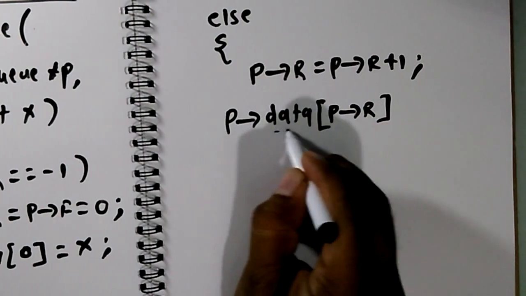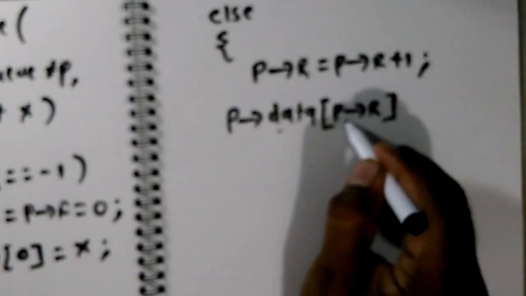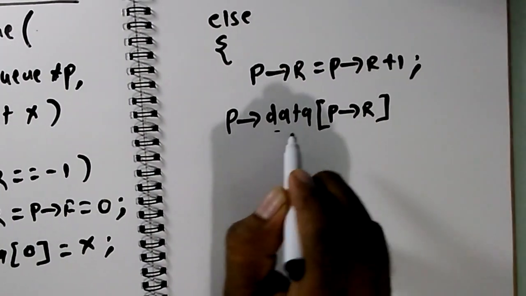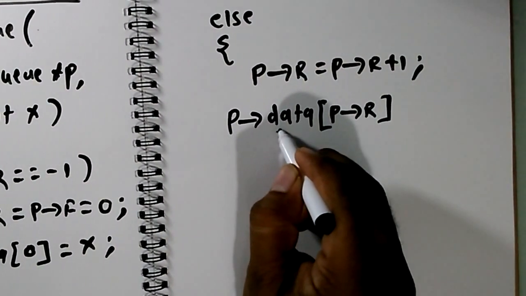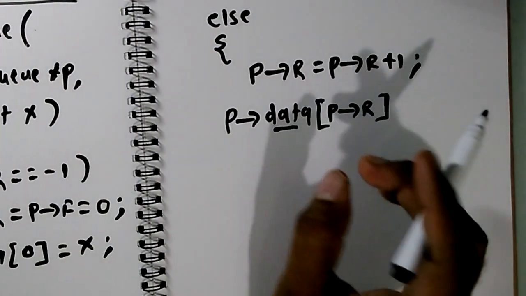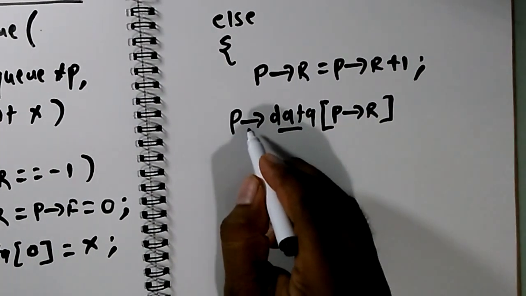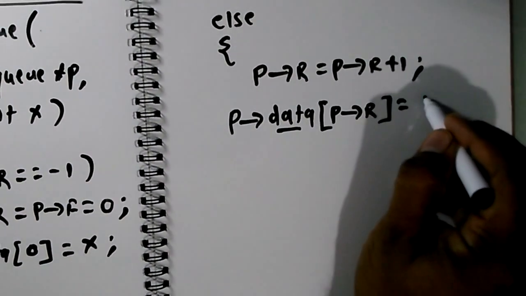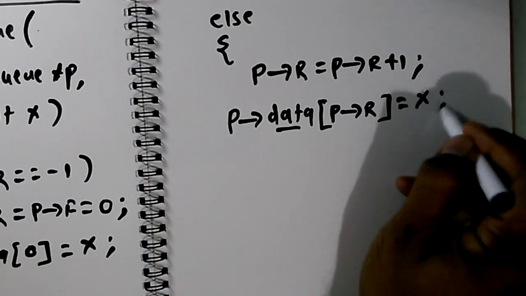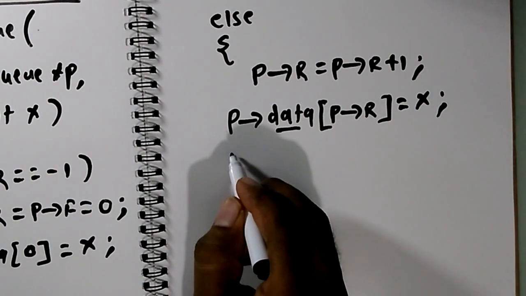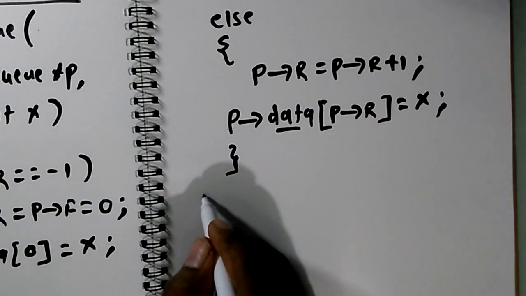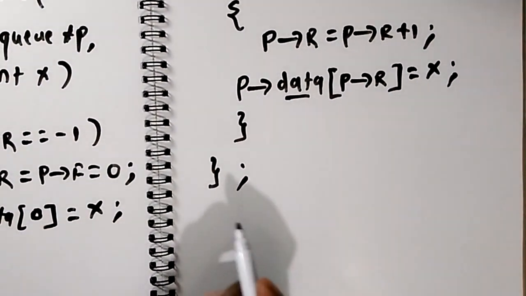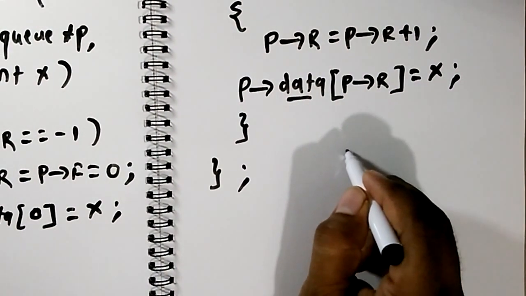So inside the data array, I am going to the location which is there in R. So P arrow data will give access to the data array, and P arrow R will retrieve the value of rear. In short, it becomes P arrow data of some location is equal to the value x which I want to store. So that's it. That's a simple NQ function.